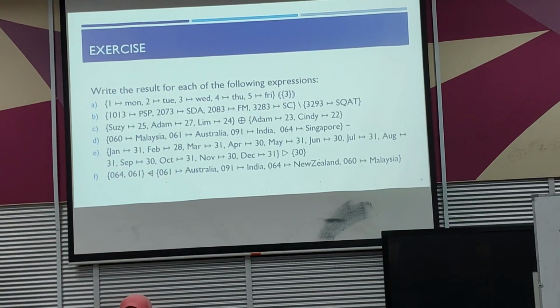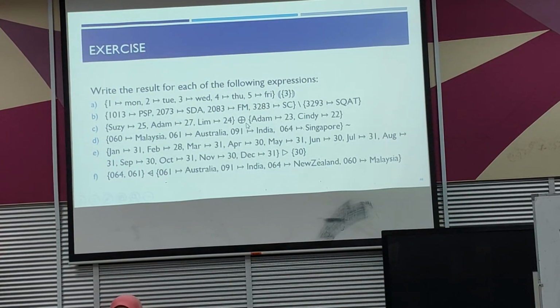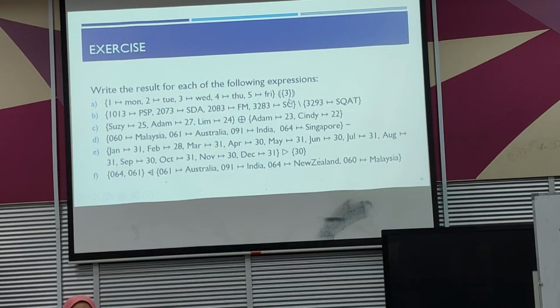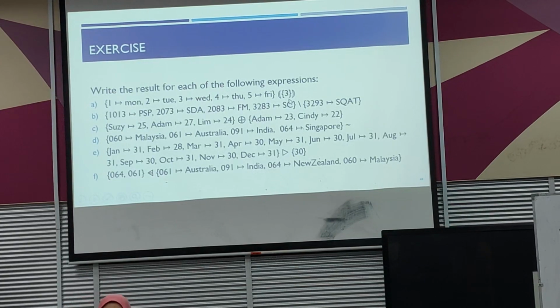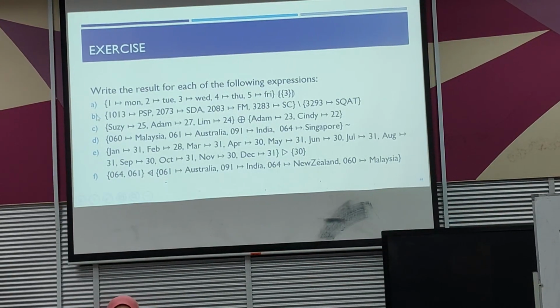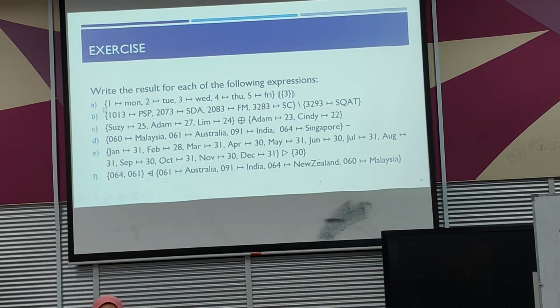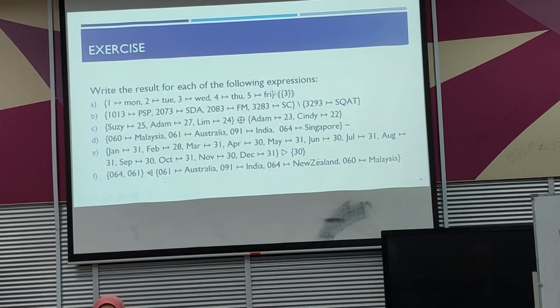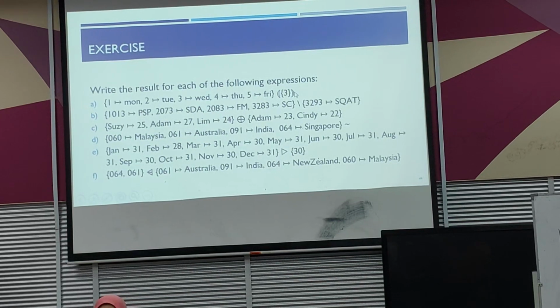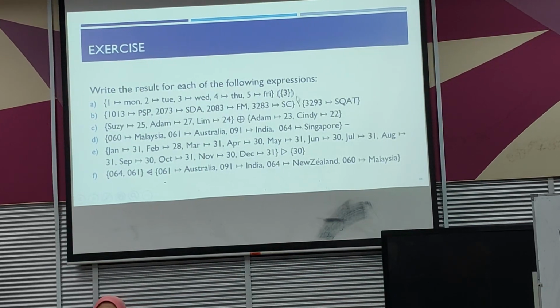So let's look at this exercise. I think this is the last one for today. If I do this, what is the answer for A here?